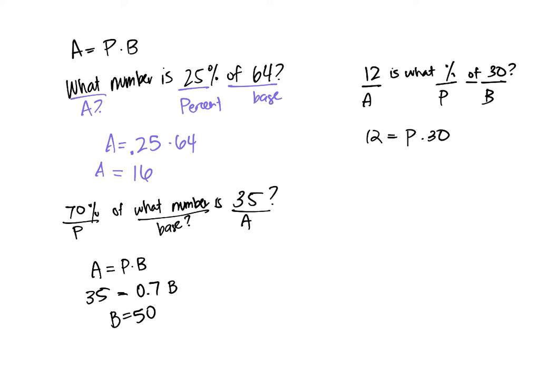To solve for P, we divide by 30, so P is equal to 12 over 30, which simplifies. When put in decimal form, this equates to 0.4 after dividing. Then I'm going to move that decimal point 2 times to the right to convert that decimal to a percent. So P is equal to 40%.